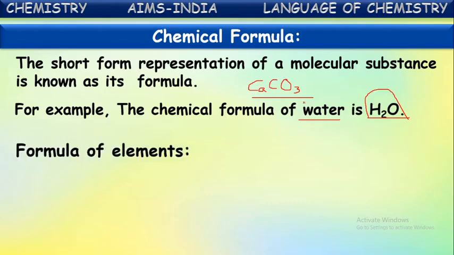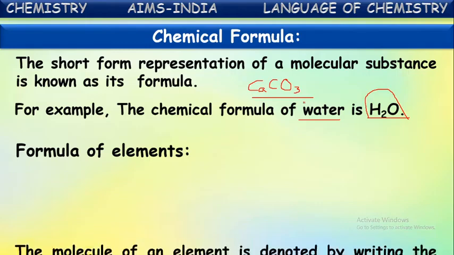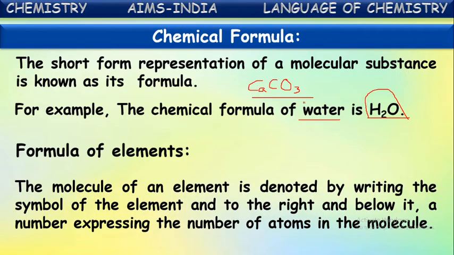So the formula will be there for both elements and compounds. The molecule of an element is denoted by writing the symbol of the element and, to the right and below it, a number expressing the number of atoms in the molecule. What does it mean? An elemental molecule contains the same kind of atoms.